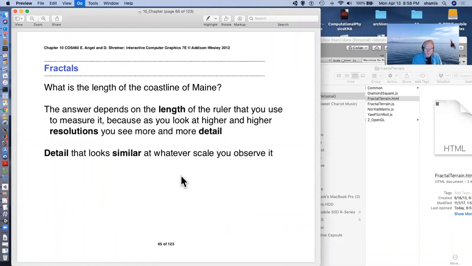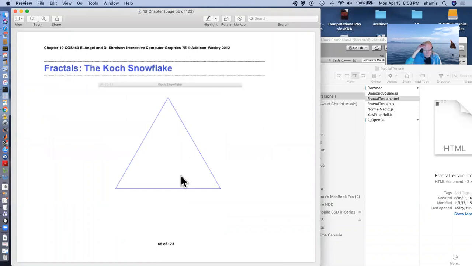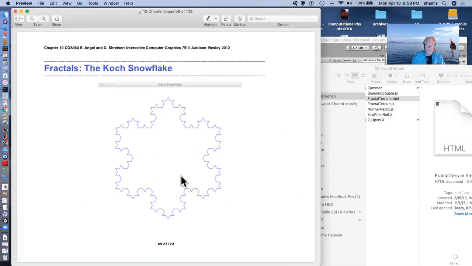you observe it. Our author seems to be somewhat obsessed with the Koch Snowflake, which is an example of a fractal. We start off with a triangle, add stars, and continually increase the length of this coastline of the Koch Snowflake.